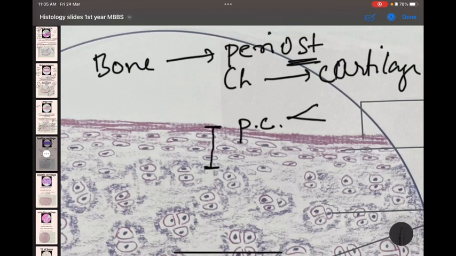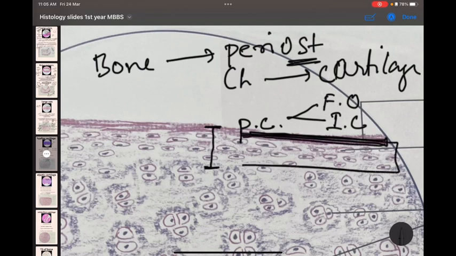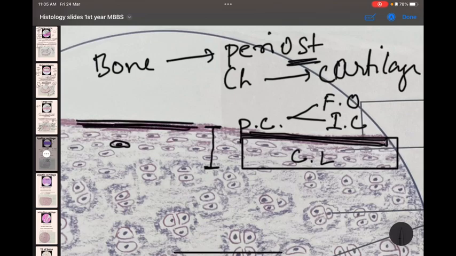Perichondrium again has two layers: fibrous, outer, inner cellular. Okay, so this is fibrous layer, outer fibrous layer, and this is inner cellular layer. See the cells here. This is fibers, total fibers.